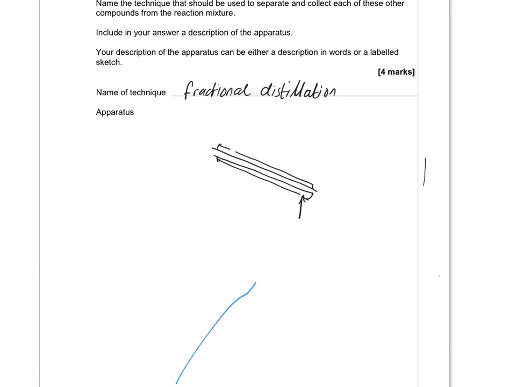So in this case you've got water going in at the bottom and water leaving out at the top. So this thing here is your condenser, so label it. The distillate, that's the liquid that's leaving, therefore goes through the middle tube.